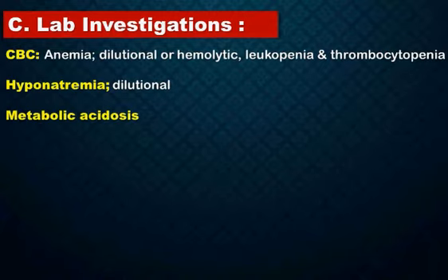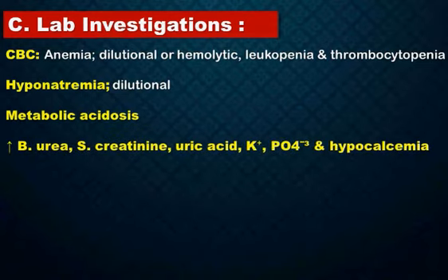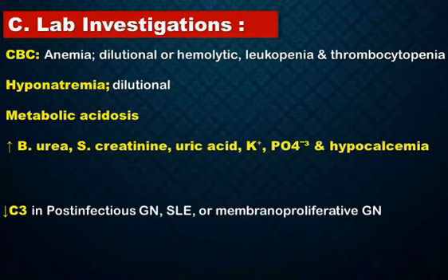Increased blood urea and, of course, serum creatinine, and according to the values we know which stage we are in. Uric acid, potassium: we have hyperkalemia, hyperphosphatemia, and hypocalcemia. So the calcium decreases and the phosphate increases.